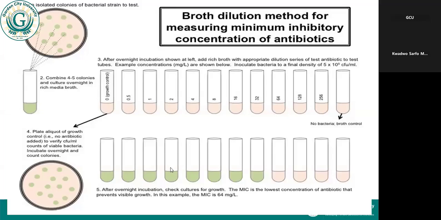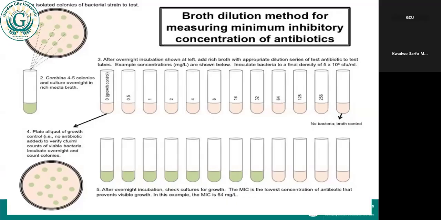These two, the organisms can survive. When it gets to 32, they survive at this concentration. At 64, they don't survive. That means 64 is high enough to kill or inhibit the bacteria.